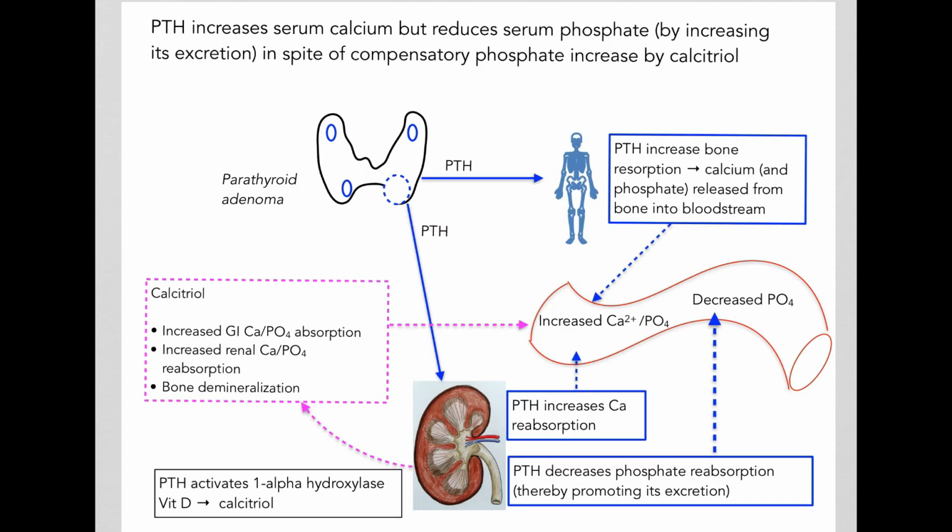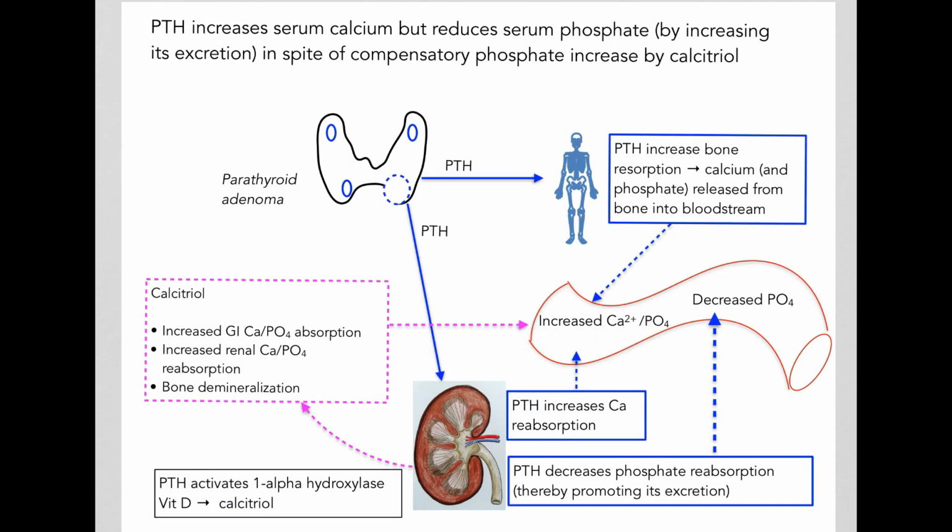Another effect of PTH on the kidneys is that PTH activates the enzyme 1-alpha hydroxylase in the kidneys, and that will cause more vitamin D to be converted into calcitriol. So the calcitriol levels will start increasing, and calcitriol, as we talked about in an earlier video, will cause its effects such as increased calcium and phosphate absorption from the GI tract, increased renal calcium and phosphate reabsorption, as well as bone demineralization, and all of that is going to increase the calcium as well as phosphate.